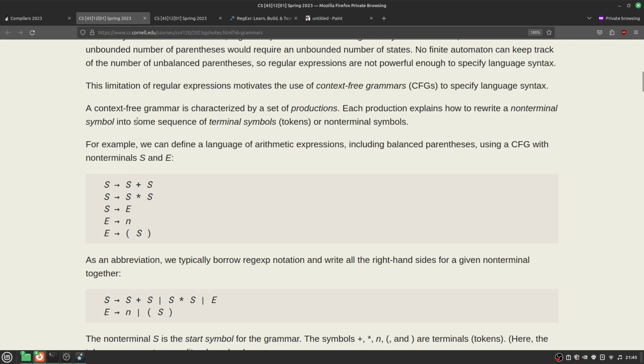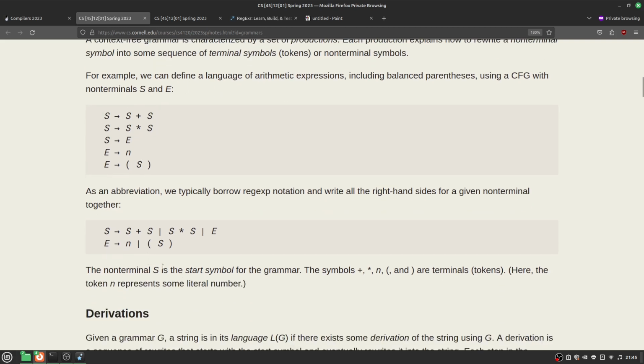Still not sure what a non-terminal symbol or a terminal symbol is. So S can be S plus S or S times S or E, or this non-terminal E. E can be N or S in parentheses.